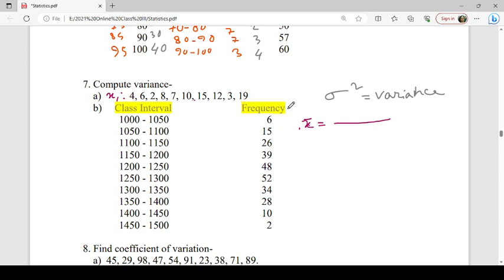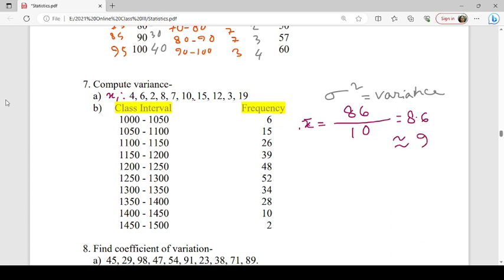So total is 86 divided by 10 observations, so it is 8.6. You write approximately 9.